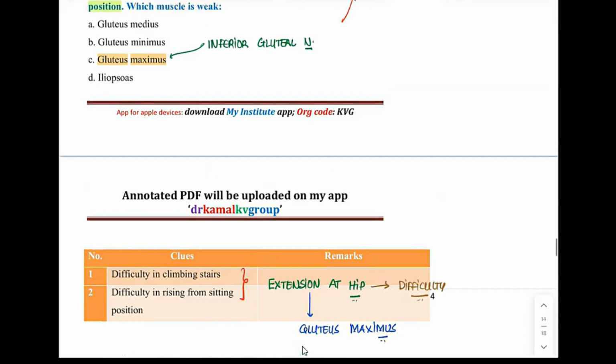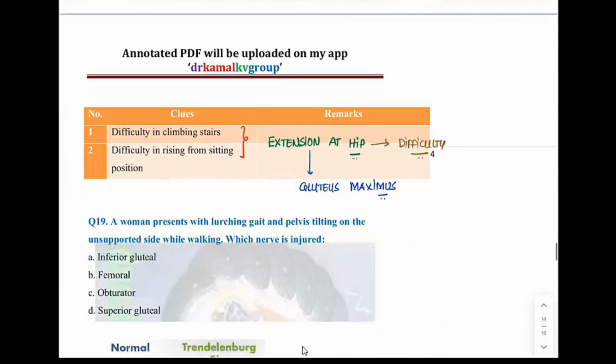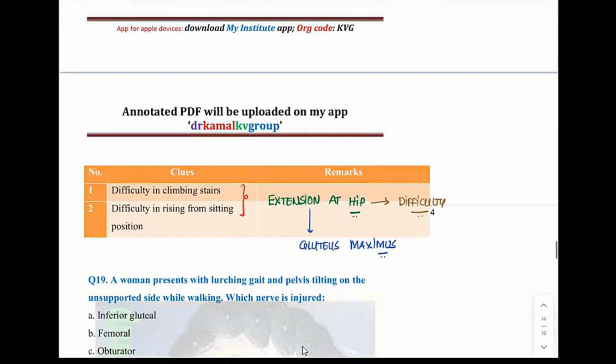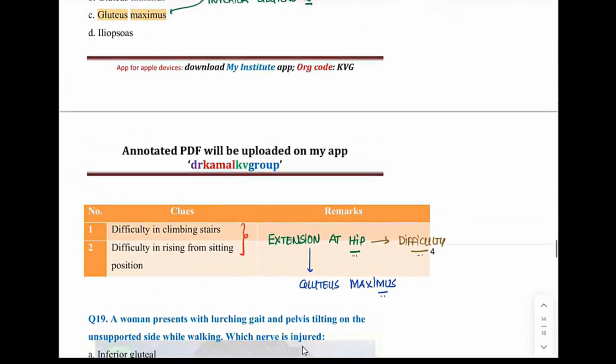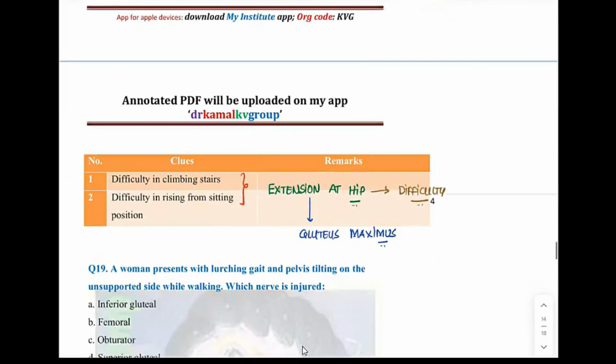Okay, so this is how you can reach up to the fact that there is paralysis of inferior gluteal nerve. Because of this nerve, gluteus maximus is paralyzed, and if gluteus maximus is paralyzed, it means there will be no extension at the hip, and therefore patient will find difficulty in doing those movements at the hip joint which involves extensions, namely climbing stairs, or more importantly, difficulty in rising from sitting position. So this is how you can reach up to the answer.